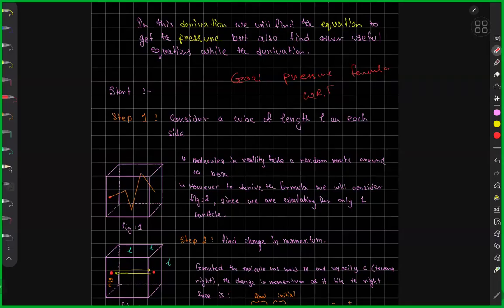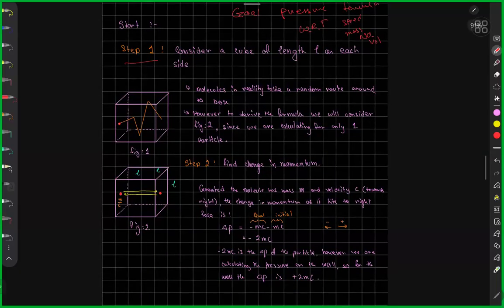I want a pressure formula with respect to the speed of the particles, mass of the particles, number of particles, and the volume occupied. This is what I want to get to. Let's start. Step one: I want to take a box of which I want to find the pressure exerted from the inside.